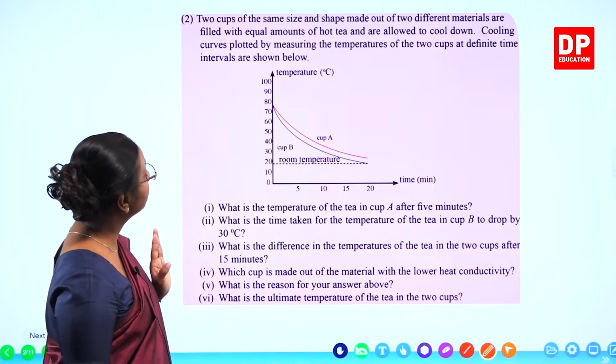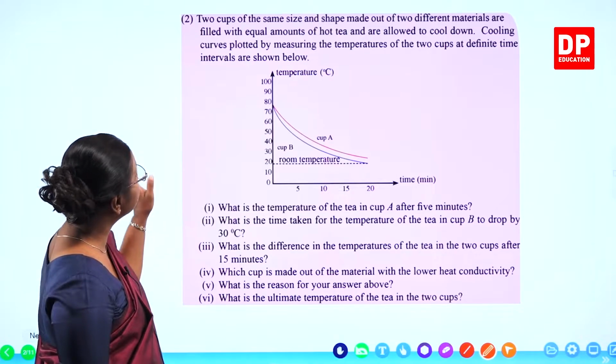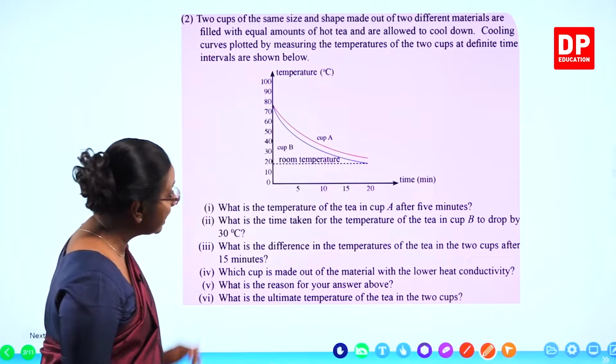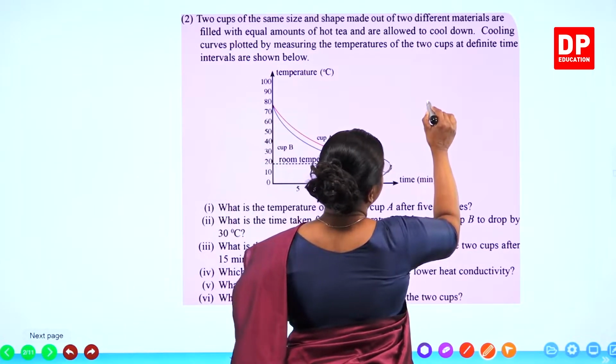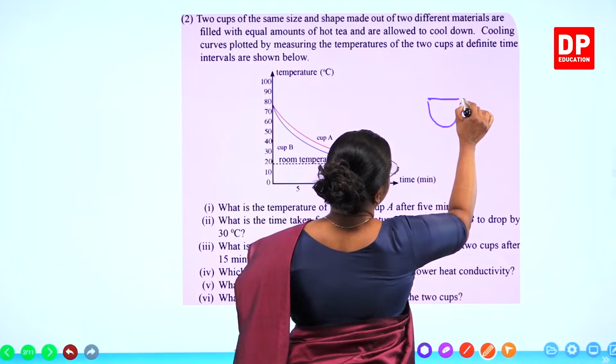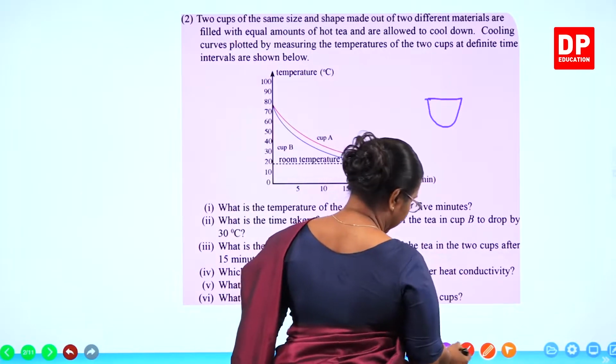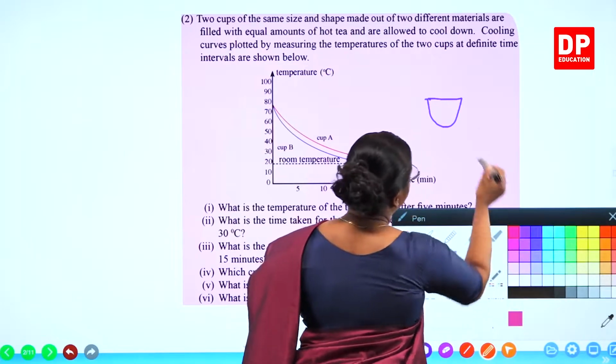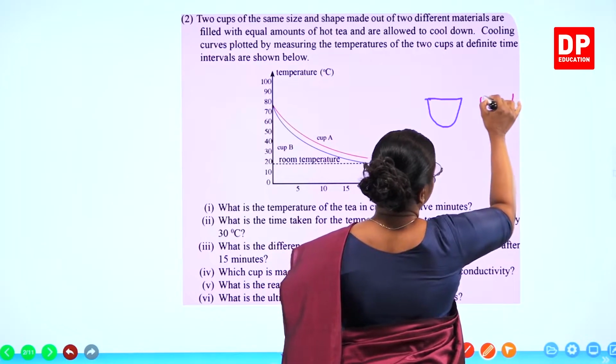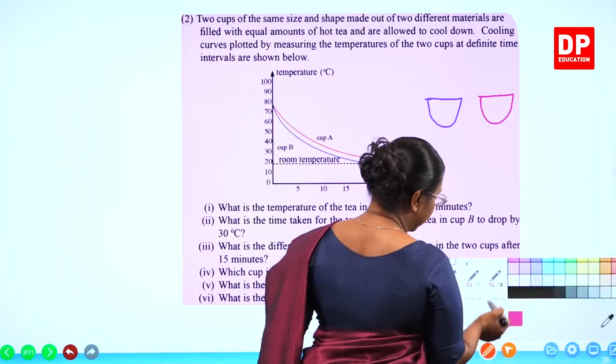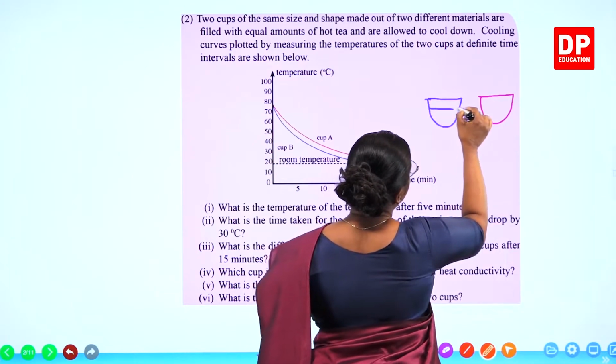So, if I go to the question again, you can see the two cups are of the same size. So, let's say if we have two cups like this, one made of a certain material and the other one made of another different type of material, but both of them contain the same amount of tea.